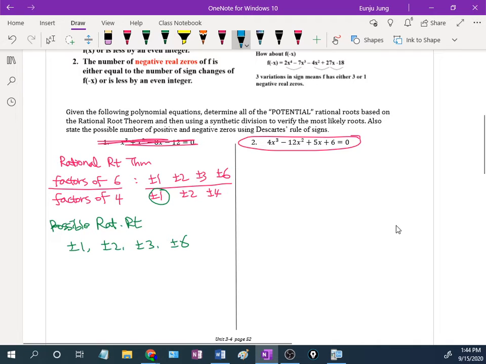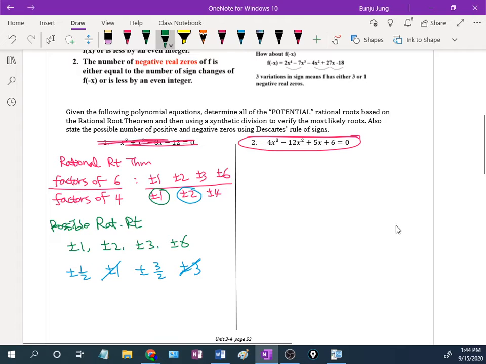If I choose the denominator 2, I'll get 1 half, 2 halves, 3 halves, and 6 halves, right? 2 halves in reduced form is 1, and it is already there, so I don't need to count. Next one, 3 halves. And next one, 6 halves, which is 3. 3 is already there, so I don't need to rewrite it.